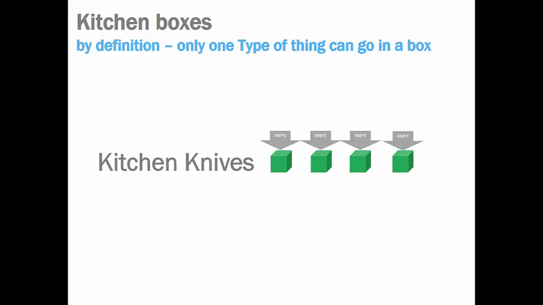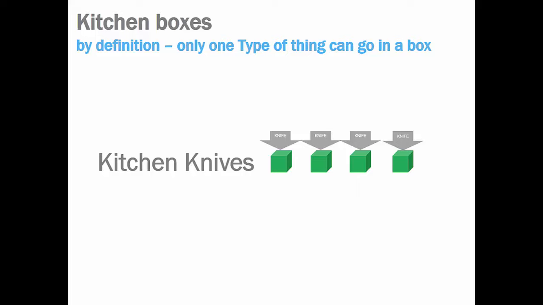And I could put knives in my 4 boxes that I've got. But it turns out that by definition, I can only put one type in each box. So I'm not saying that I can't put one or more than one knife in each box. It's the type of knife that goes in each box. Okay? So this is just an example.